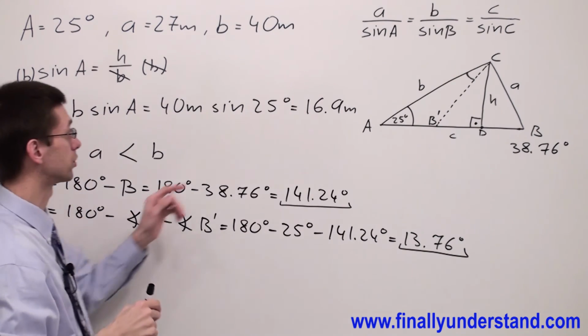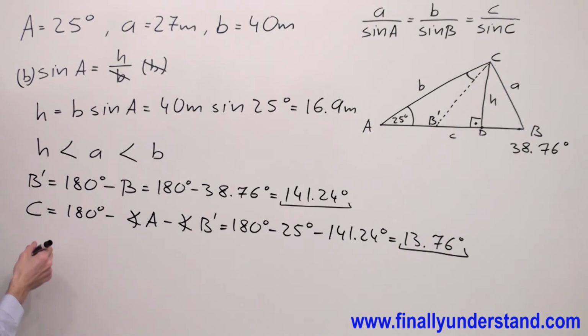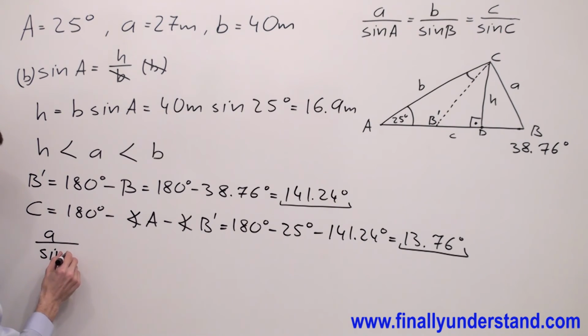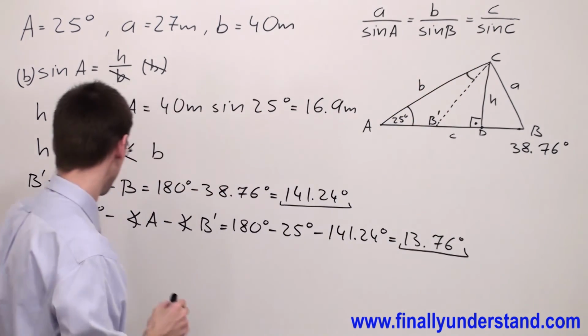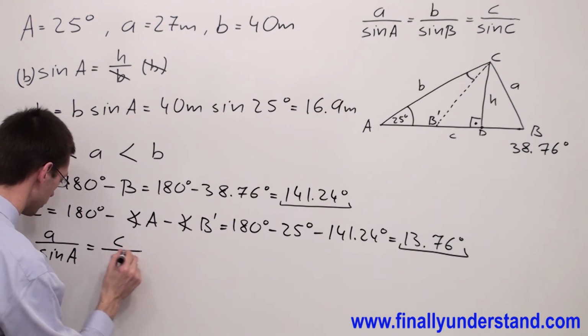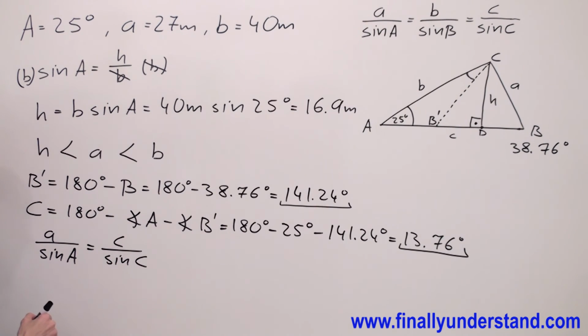That's why I'm going to start from this ratio. So I'm going to have A over sine of A equals, and because I'm looking for side C, I'm supposed to use C over sine of angle C.